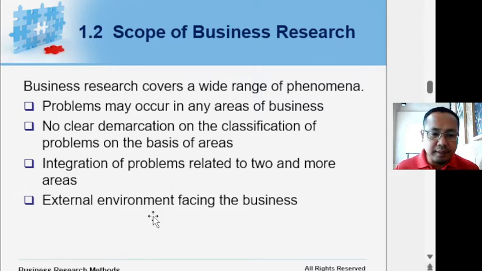So preference of customers, culture of our customers. So there are a lot of areas that we can do business research on. So the scope is almost very wide, and quite difficult for us to have a boundary for that.